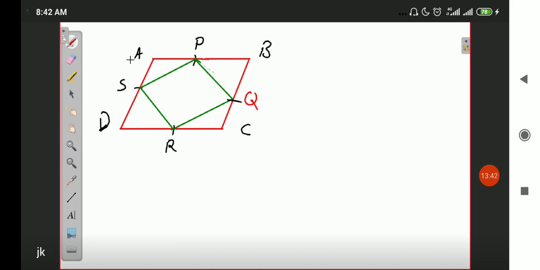First case will be that in triangle BPQ, you see, this is triangle BPQ. In this triangle you let this angle be x and this angle be x. Why so? BA and BC are equal, adjacent sides of a rhombus are equal.